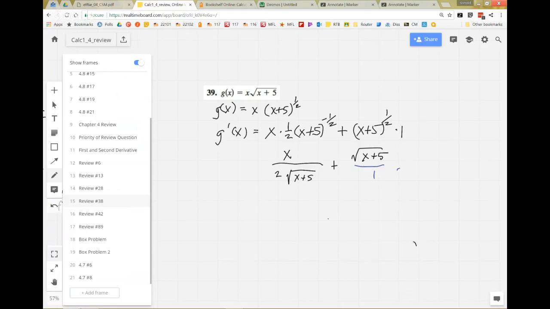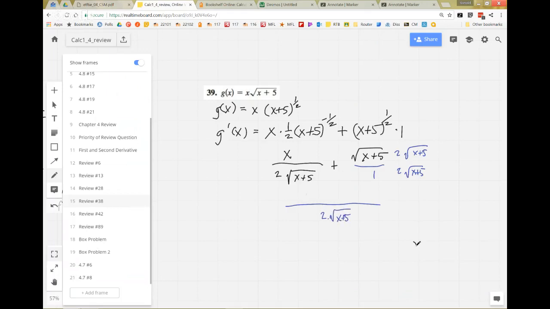So I'm going to multiply this top and bottom by what we need to get a common denominator. Now we can bring the numerators together. We have a common denominator of 2 times the square root of x plus 5.